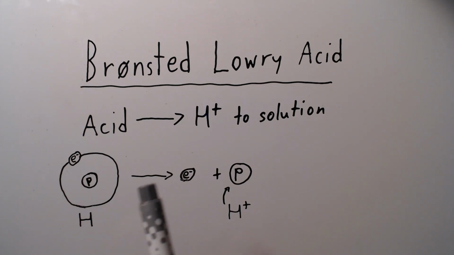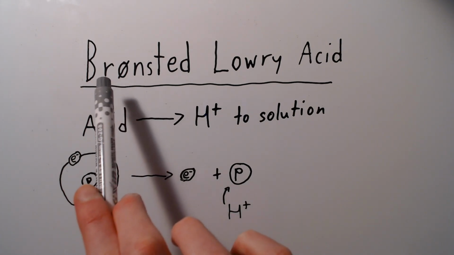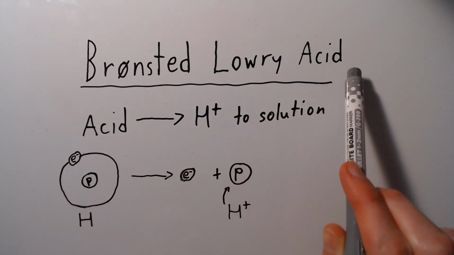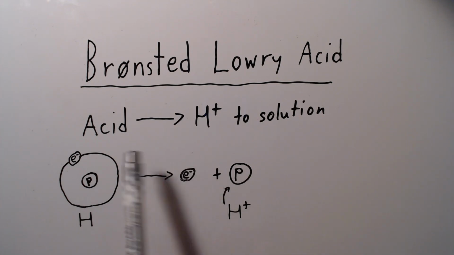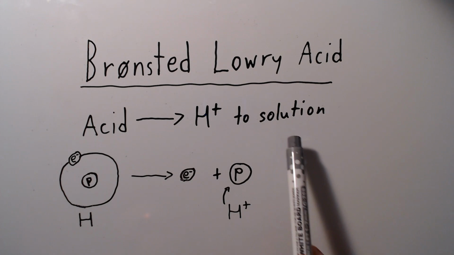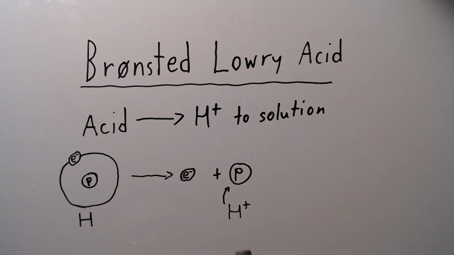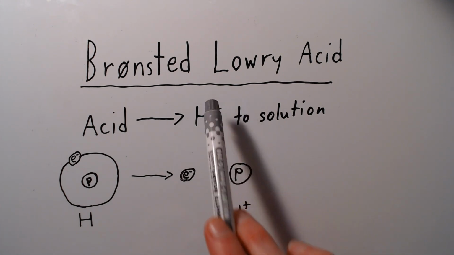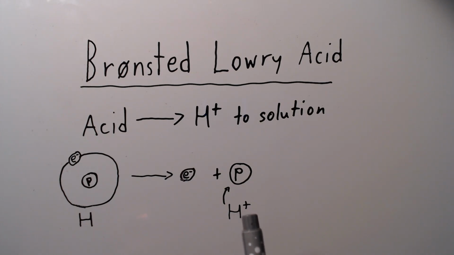In this video, we will be dealing with the Bronsted-Lowry acids. So these acids donate an H+ to the solution. And the H+, this H+ right here, is usually referred to as a proton because the H atom from which it is derived loses its electron.